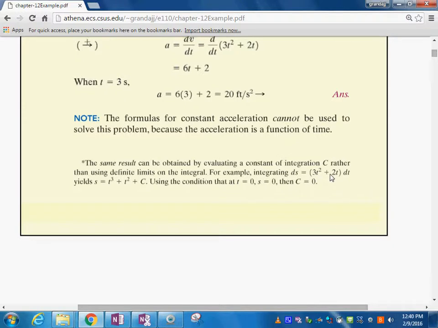So if you use the condition that when t is 0, s is 0, then c is 0. Okay, so that is a short application of this.